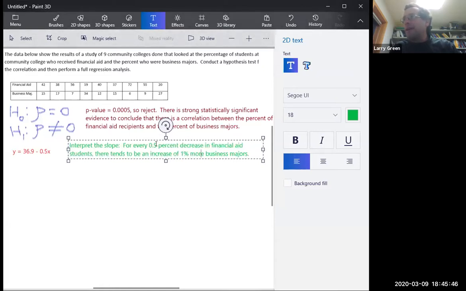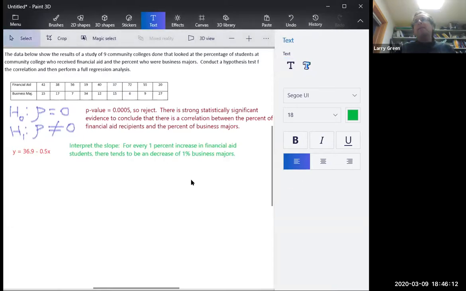So for every 1% increase in financial aid students, there tends to be a decrease of 1% business majors.